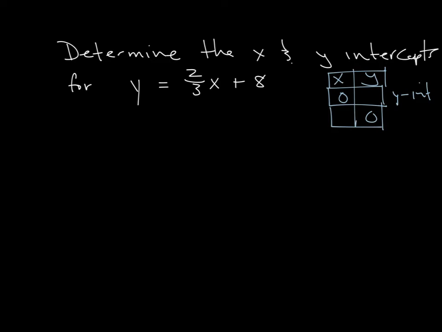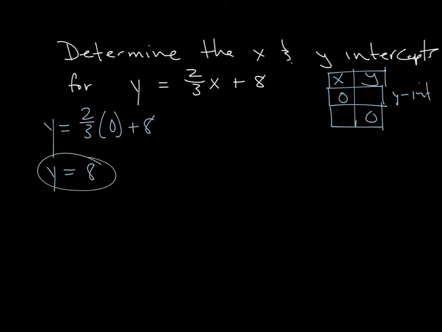So the y-intercept, again, I'm calculating because y equals 2/3 times 0 plus 8. And what I get is y equals 8. Now, this is not my final answer. You need to plug that 8 into the table so that you can say the y-intercept is the coordinate pair 0, 8.